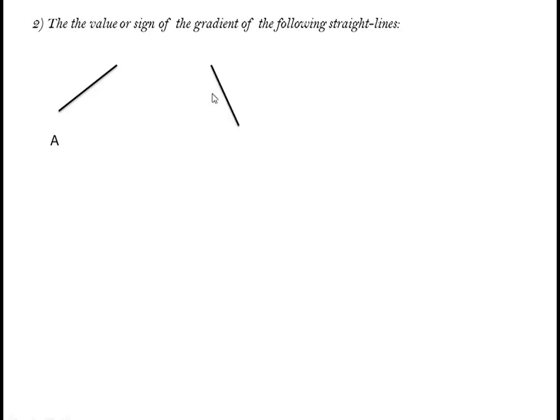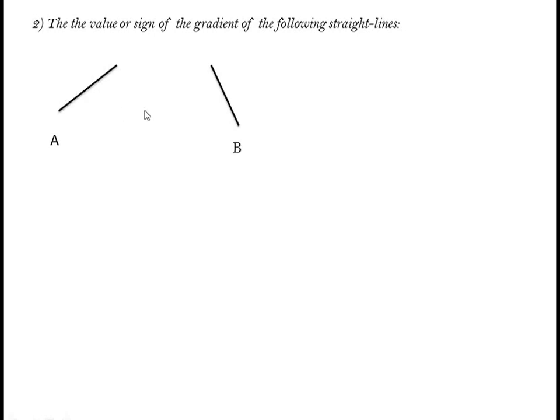Let's look at this other line. When you see a line drawn like this, even in physics, if we are using the concept of geometry in physics, let's say for example a displacement time graph, we are talking about motion upward.